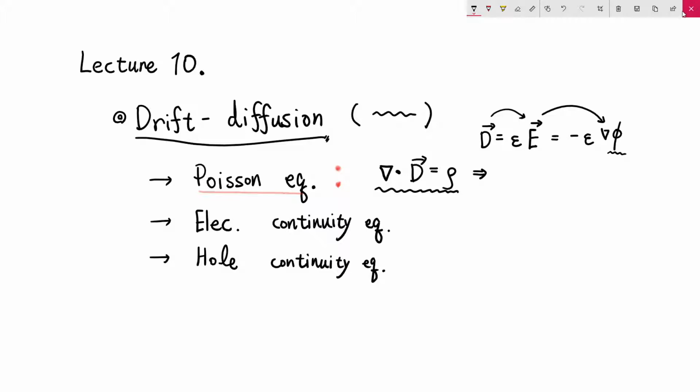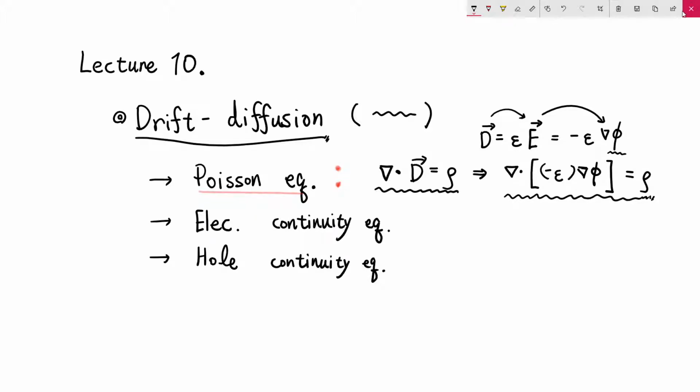But when you put them all together, we find that minus epsilon times the gradient of phi equals rho. This is the form we will actually use in this course. But when people first tried to solve this kind of equation, epsilon was just a constant.